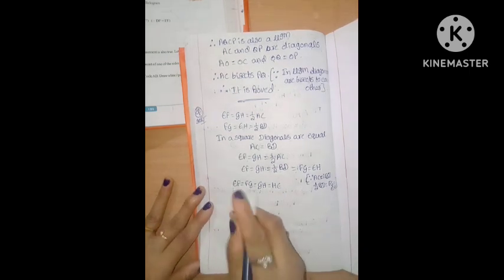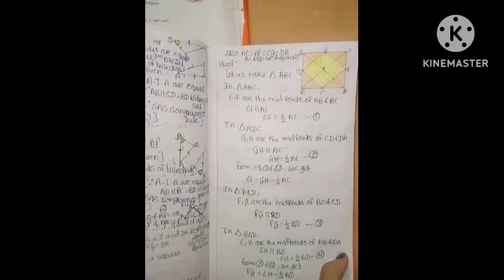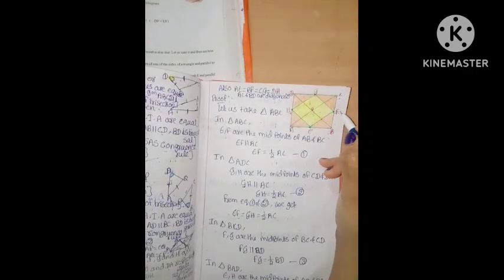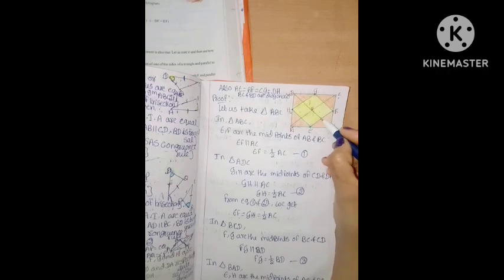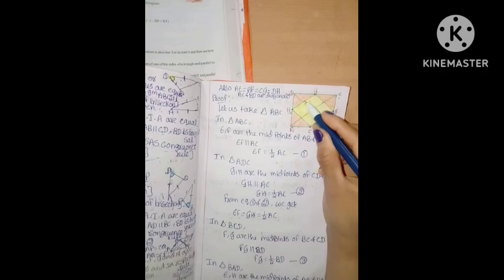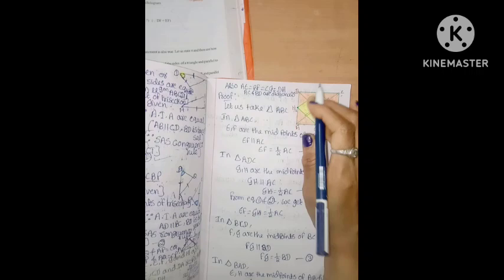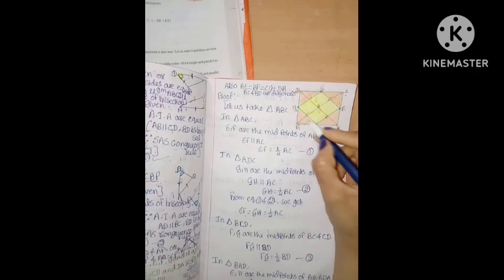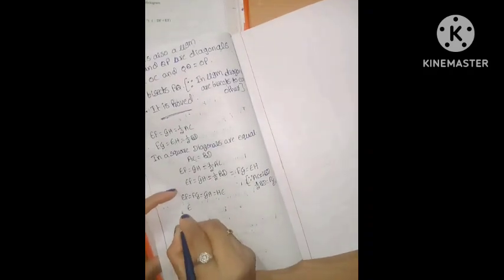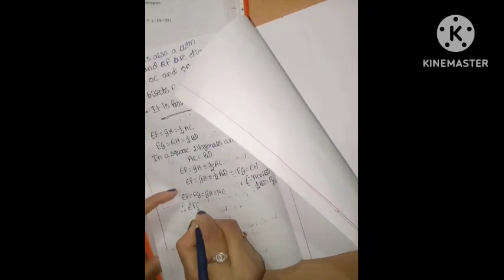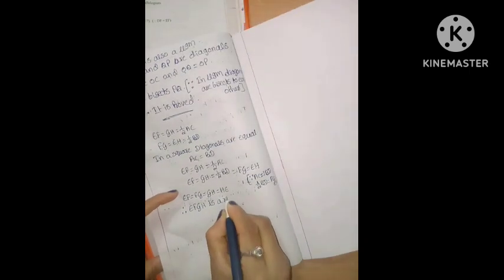EF, FG, GH, HE, all the sides are equal. So this figure is either a rhombus or a square. So therefore EFGH is a rhombus.